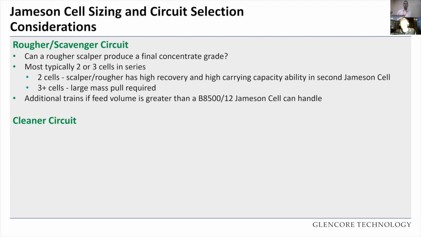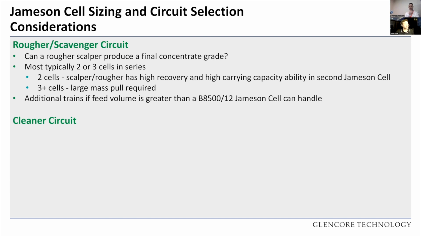So quite often Jameson cells can produce a final concentrate direct from flotation feed at a reasonably high recovery. So through test work, if we find this can be achieved, then we would always obviously start off with the rougher scalper. This takes obviously the load off the rest of the circuit and means you can reduce the capital requirements for the remaining circuit.